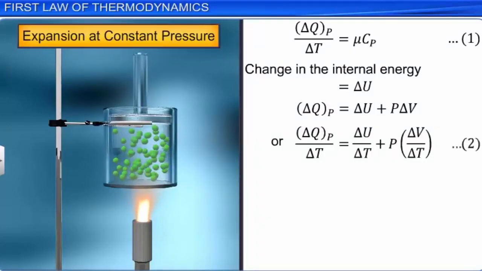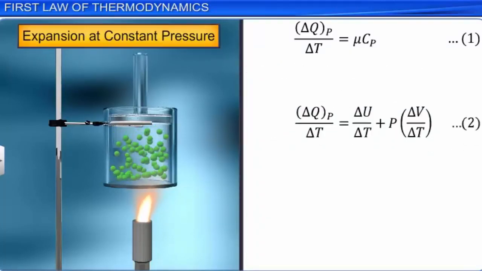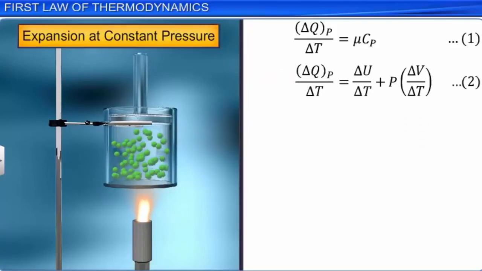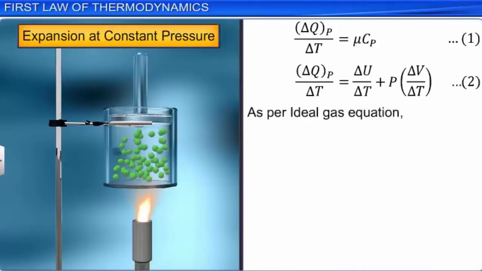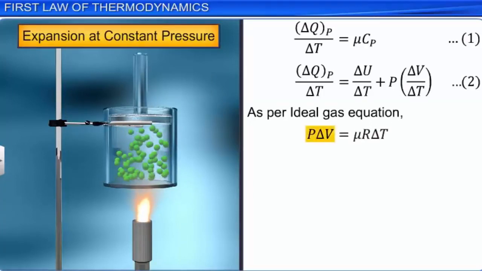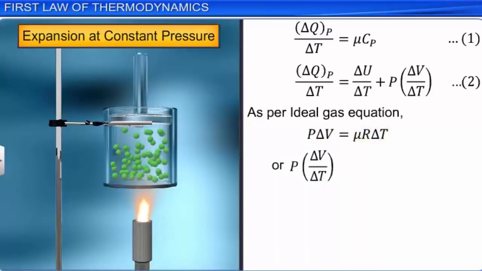But we know that for an ideal gas, PV is equal to mu RT. If we apply this law to the above process, we have P delta V equal to mu into R into delta T, or P into delta V by delta T is equal to mu into R. Let this be equation 3.